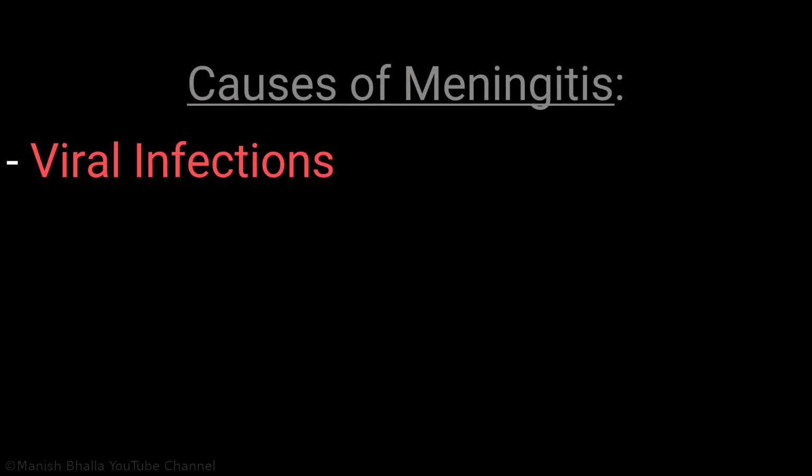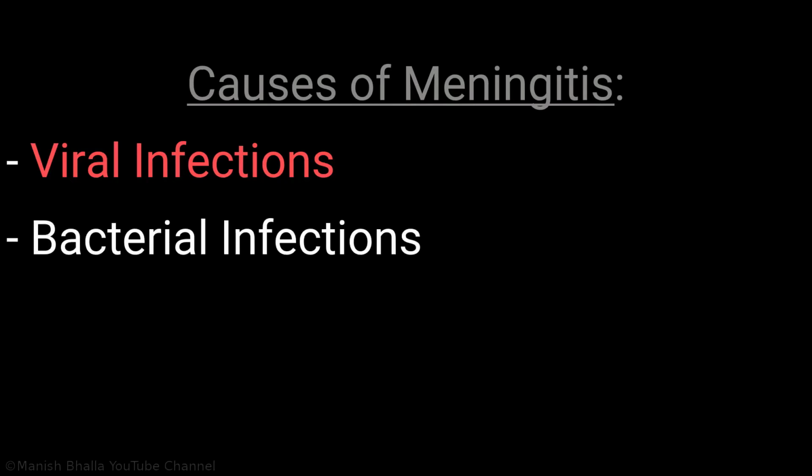The best part from clinical point of view is that most are self-resolving. Next common cause is bacterial. When it comes to bacterial meningitis, it is important to know organisms according to age, as it helps in rational antibiotic selection.